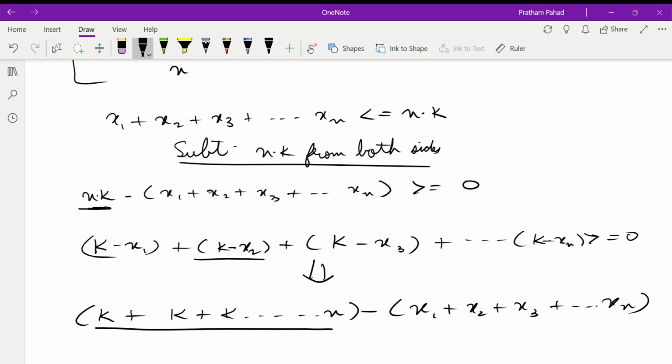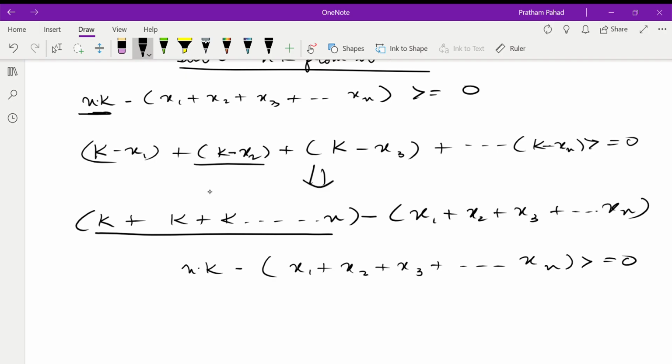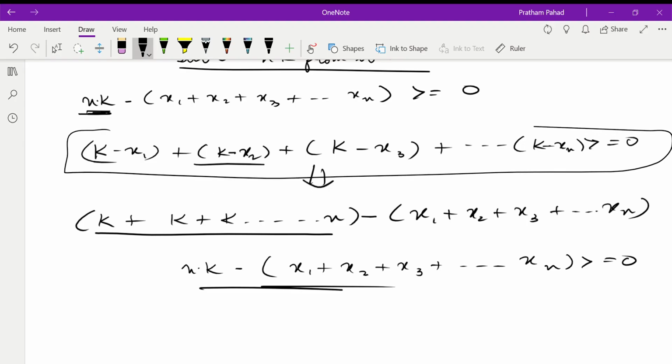K is coming n times, so I can write this as nk. Nk minus (x1 plus x2 plus x3 plus xn) greater than equals to 0. Are these equations equal again? I have boiled down this equation to the previous equation again. So I think we are guaranteed that we have written this correctly.